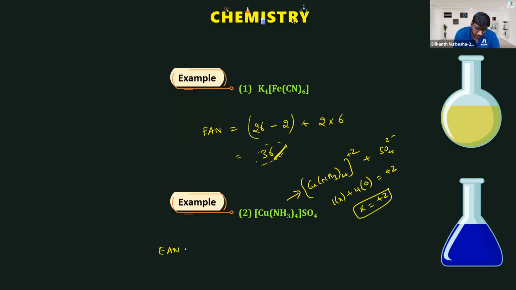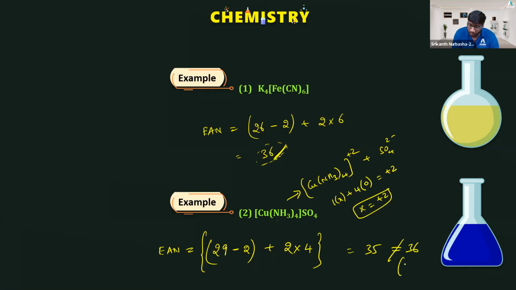So effective atomic number is equal to copper atomic number 29, minus oxidation state 2, plus 2 times the coordination number. How much is it? 4 ammonia are there, all are monodentate ligands, so 2 into 4. 27 plus 8, yes students, 35. So 35 is not equal to 36, which is the nearest inert gas atomic number.